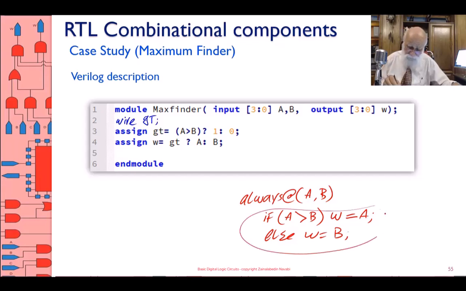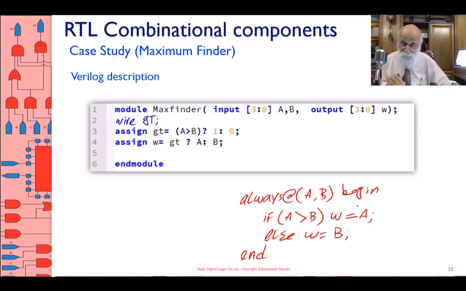Since this is one statement, I don't have to put begin end. I can if I want. Everything that is being looked at has to be in the sensitivity list, and therefore A and B are in the sensitivity list. I want to make sure W receives a value no matter what. Well, A is either greater than B or not greater than B, and therefore W is going to receive a value anyway. And therefore, I could skip begin and end.